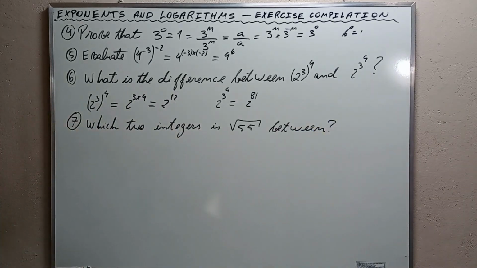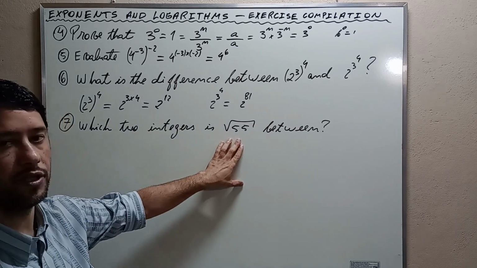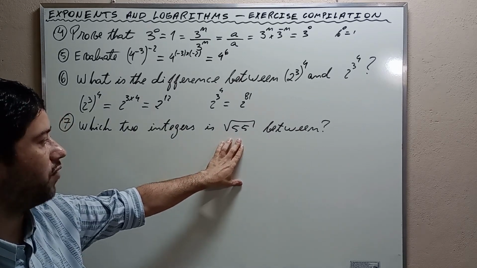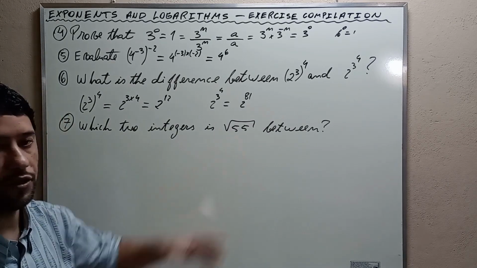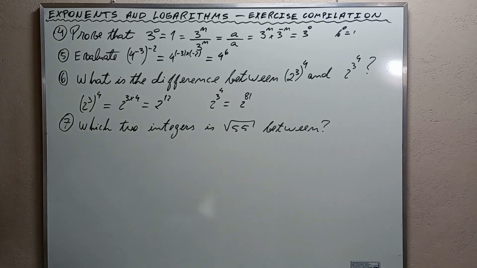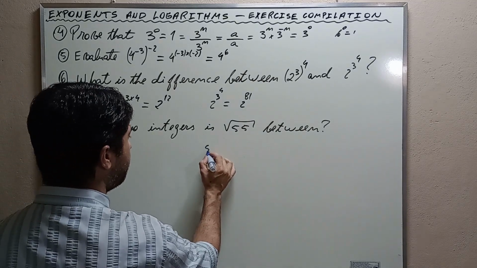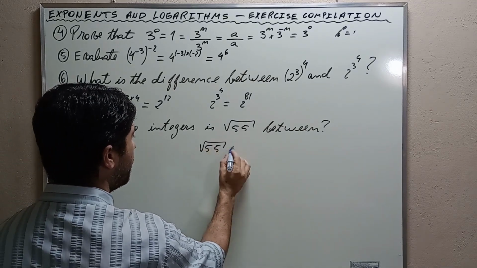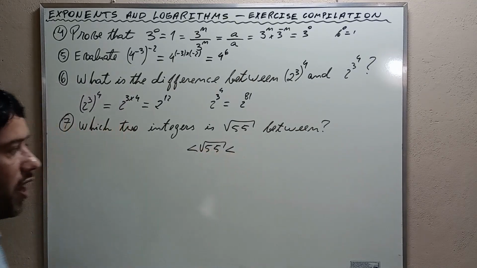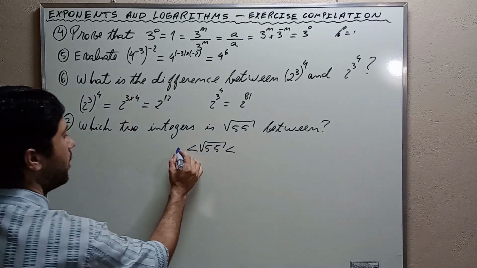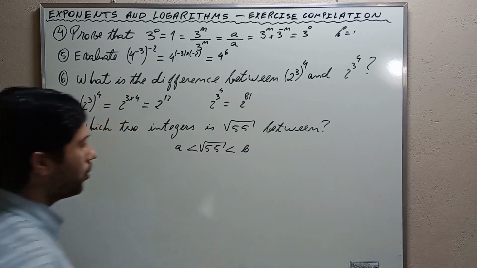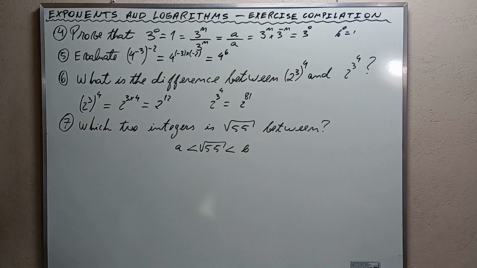What we need to do is to find the closest numbers to 55 that have integer square roots. So the square root of 55 is going to be between A and B. And what is the lowest number closest to 55 that has an integer square root?